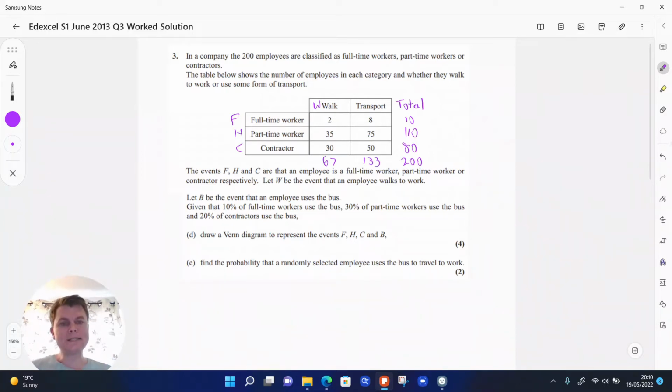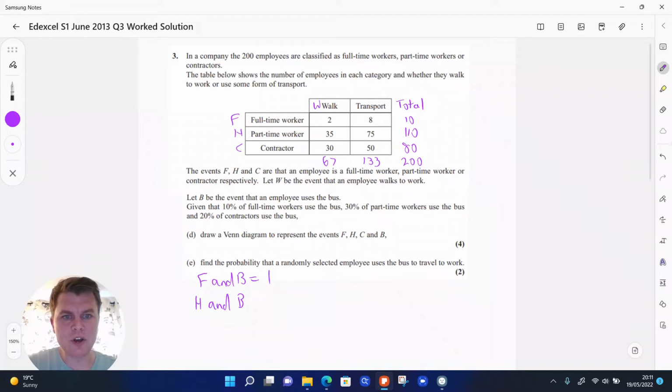Okay, so let's do a few little calculations. We want to know how many people get the bus. So we want to know full-time worker and the bus. That is 10% of the full-time workers, so that's going to be 1. We also want to know the part-time workers, that's H and get the bus.